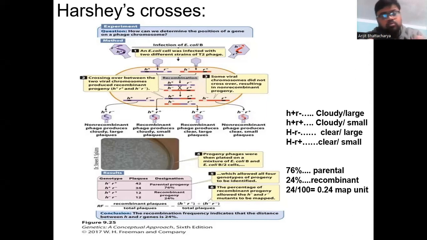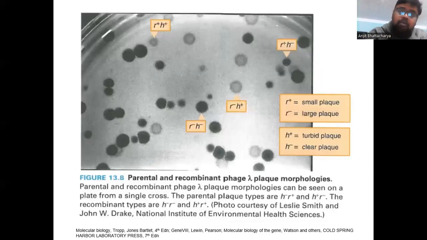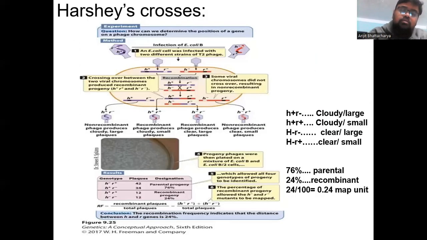So through this model experiment, this setup, it was observed that not only can we visualize recombinant phage, but we can also calculate the recombination frequency. Now, what is the advantage of this kind of setup? First of all, phage infection and bacterial growth take much less time.